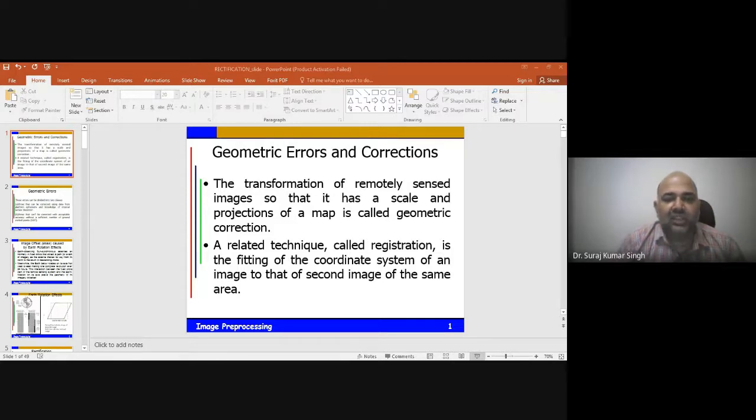So what is the advantage? The stair step effect caused by the nearest neighborhood approach is reduced, because you have done the average. When you perform an averaging technique, obviously your image will be smoother. What will be the disadvantage? It alters the original image, because you are performing an average.